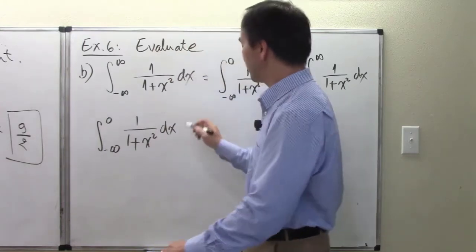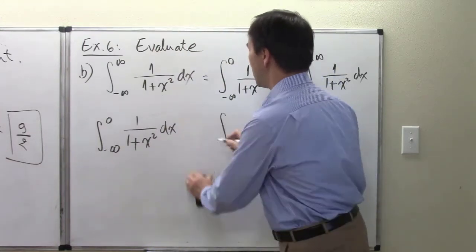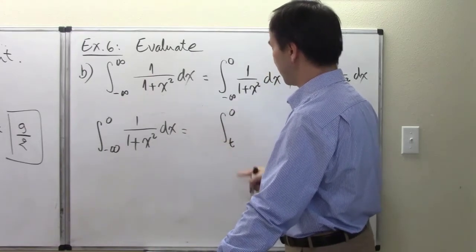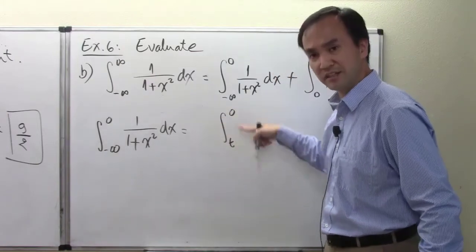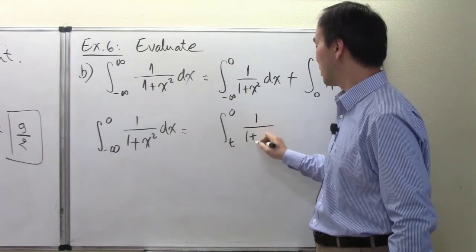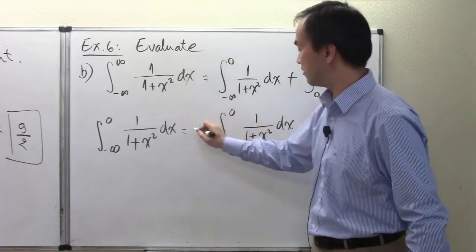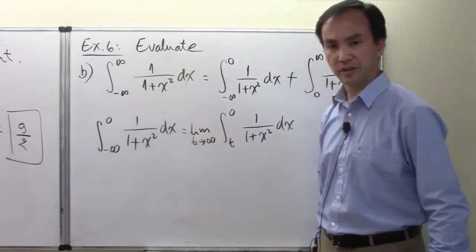For this one, I am going to call an arbitrary variable t to 0 right here, so that's making it an ordinary definite integral. Then we're integrating 1 over 1 plus x squared from t to 0, taking that limit as t goes to positive infinity.